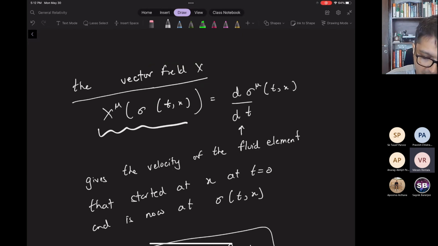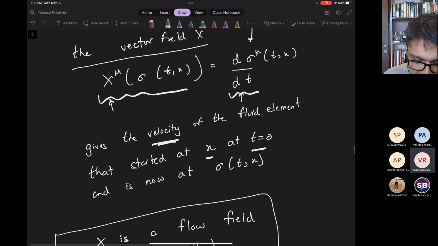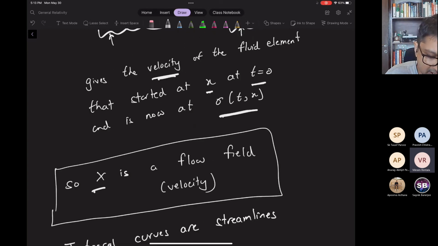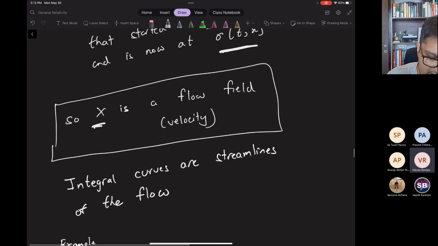X mu is related to the tangent vectors, which is d sigma mu dt. So this is the rate of change of coordinates. In some sense, you can think of it as the velocity of the fluid element that started at x at t is equal to 0 and is now at sigma t x. So this X you should think of as a flow field, like some kind of velocity field, and these integral curves are streamlines of the flow.